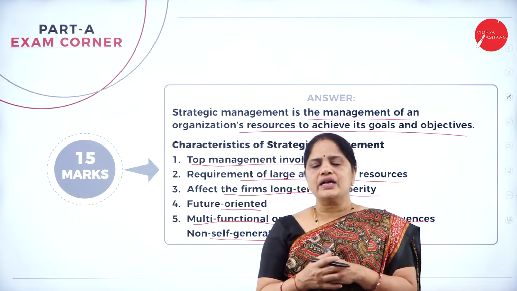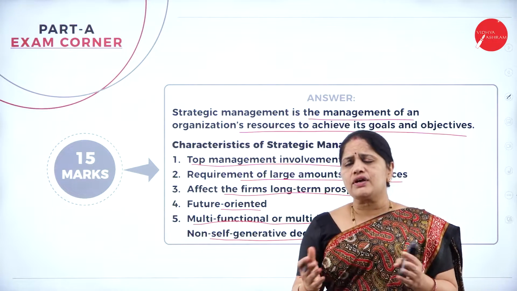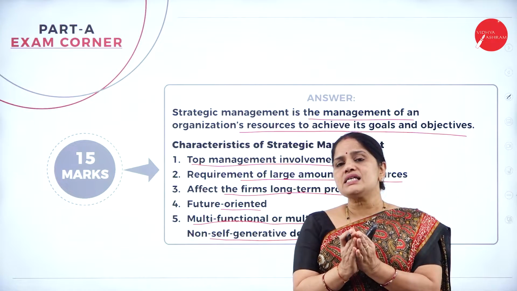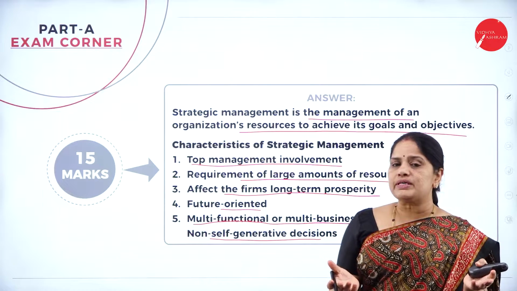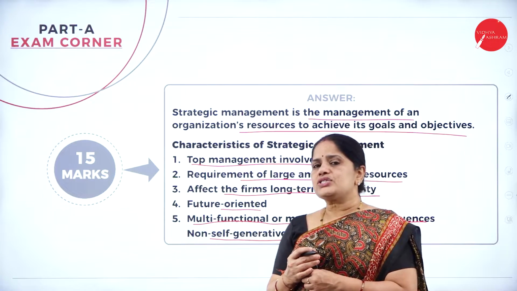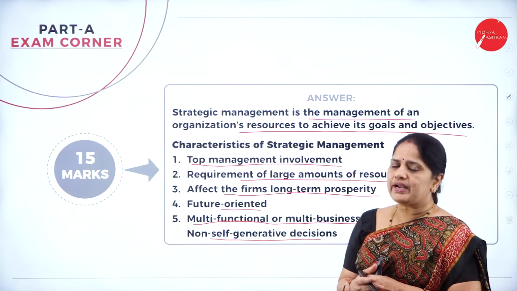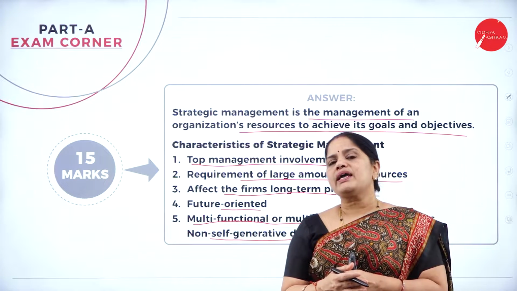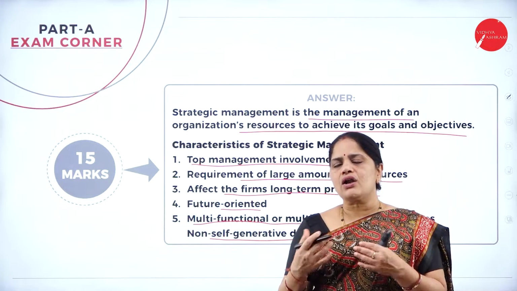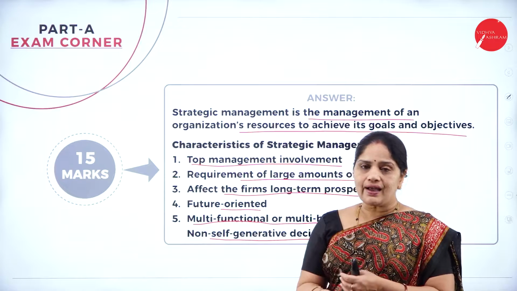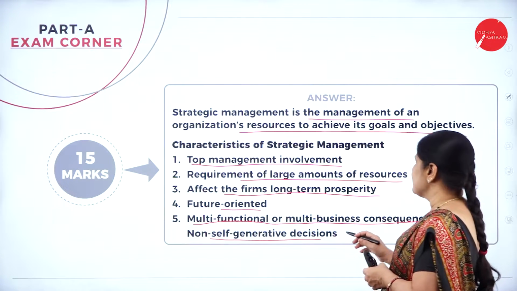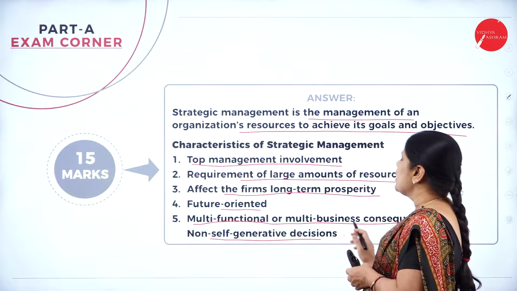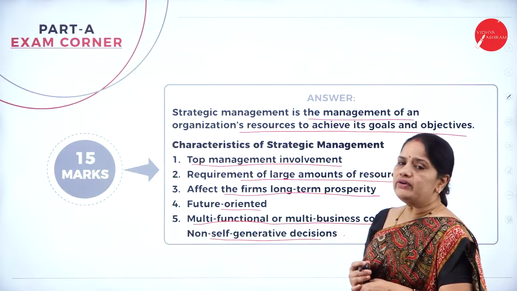Whenever the company is engaged in diverse products, that is, it has a variety of products which it is offering to its customers, then it will be engaged in strategic management, because strategic management will be bringing a lot of results to the company, and as such we say that it gives multi-business consequences or non-self-generative decisions.